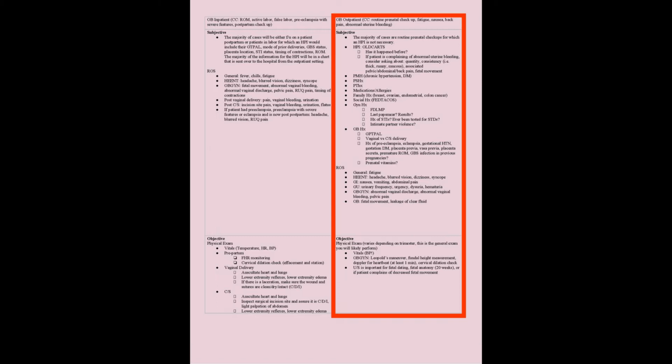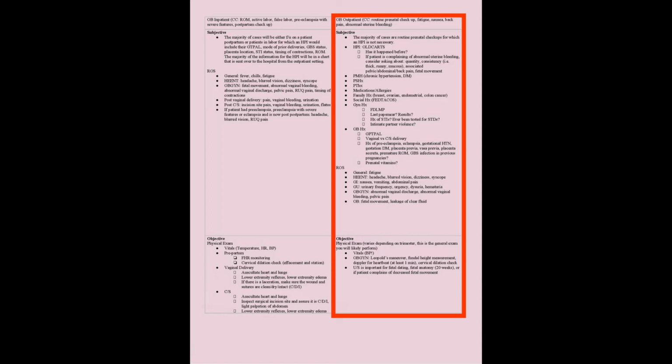Ask about the last pap smear and the results because it could be indicated at this visit. Ask about history of STIs and if they've been tested before, and intimate partner violence. Again, for OB history, do the GTPAL and then inquire about their prior deliveries, if it's vaginal or cesarean, and if they had a classical cesarean versus transverse, because that can be important for their current delivery.